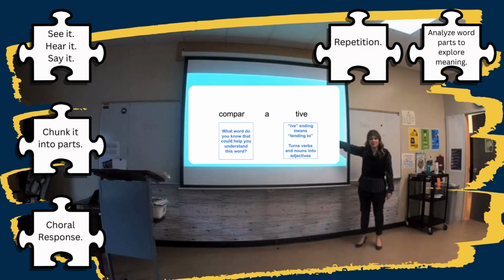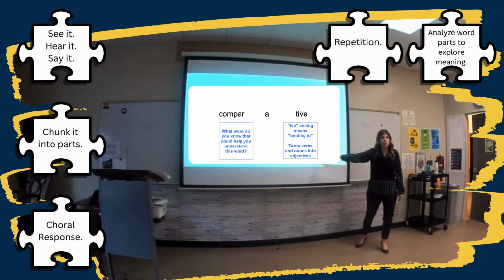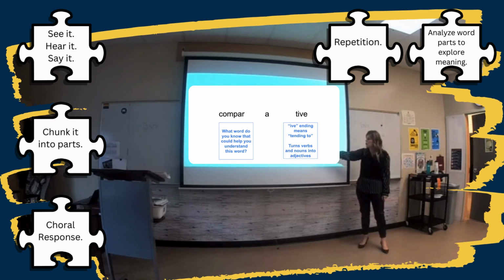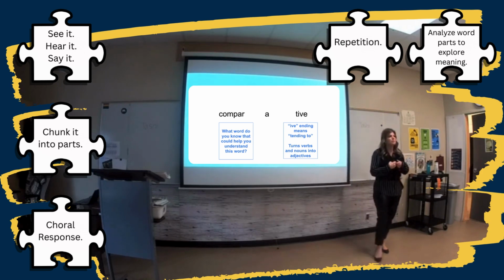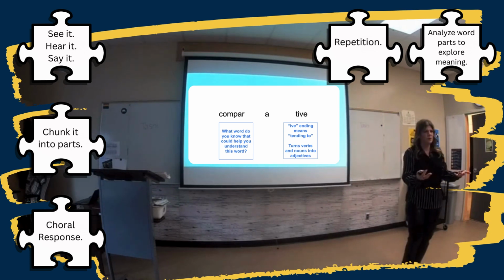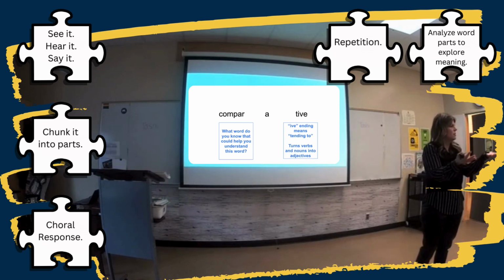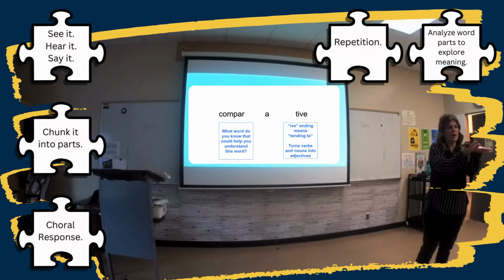This if ending, when you see if on the end of a word, it means tending to, which also, like the ing ending, can turn verbs and nouns into adjectives. So if I describe something as comparative, it means it's being like judged next to something else.